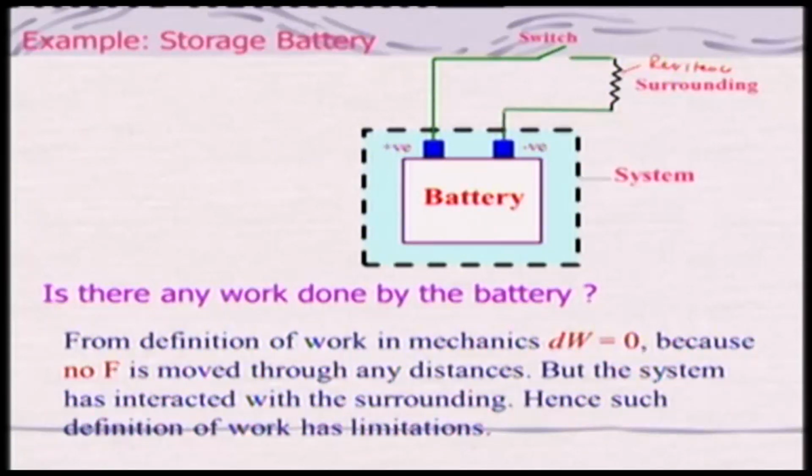Hence, the definition of work from mechanics has a limitation, right. It is not really working for all the things we will handle in thermodynamics, because with the battery and other things, a lot of non-PdV work can be involved. So therefore, we need to define work in the thermodynamic sense, right.